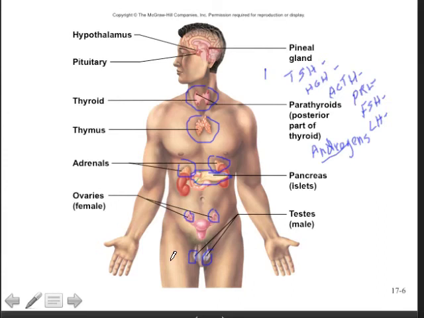And the job of these hormones is to regulate gamete production and, to some extent, the reproductive cycle. They're cued by the gonadotropins that come from the pituitary gland. Okay, so this is one of the direct targets of the pituitary, along with the thyroid and the adrenal cortex.